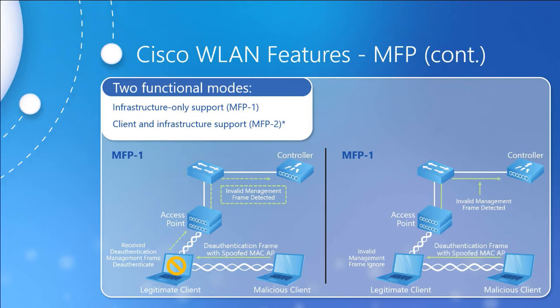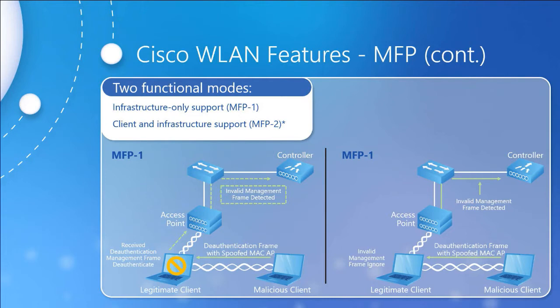Now with version 2, as the name implies, both the clients and the infrastructure are shielded from spoofed frames. In this particular mode, the clients themselves will encrypt the MFP frames that get sent between themselves and the access points. The access points will also encrypt them whenever they're communicating with other equipment in the infrastructure.